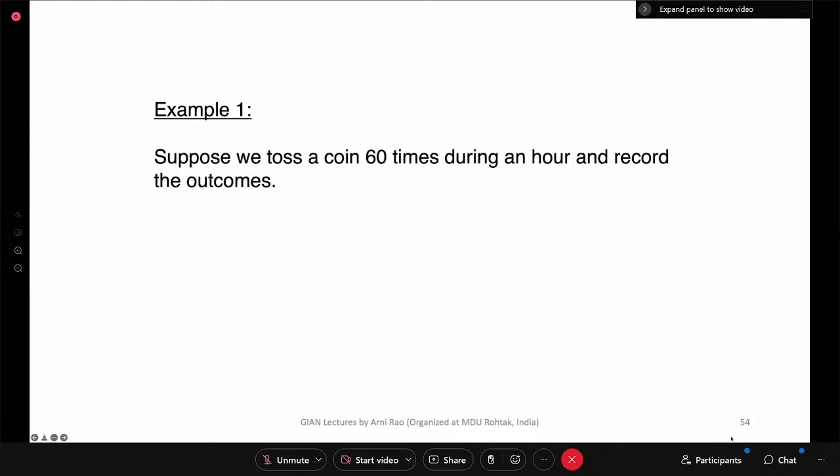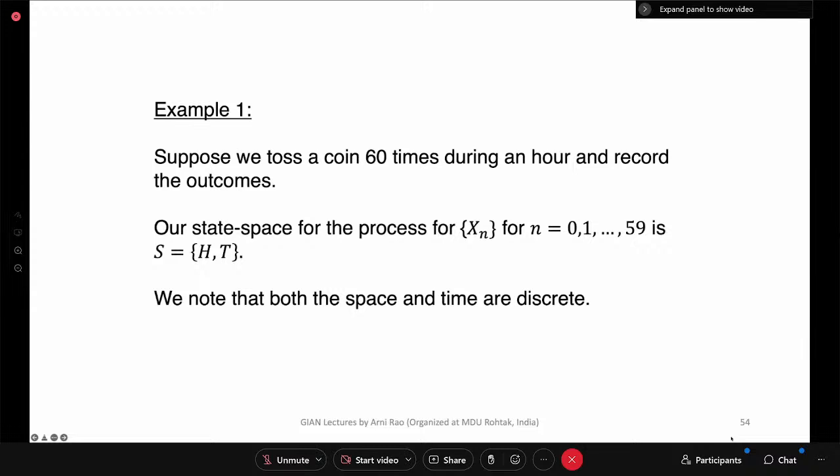Suppose we toss a coin 60 times during an hour and record the outcomes. Even though we are recording 60 times, the outcomes are either head or tail, isn't it? These things are not changing.